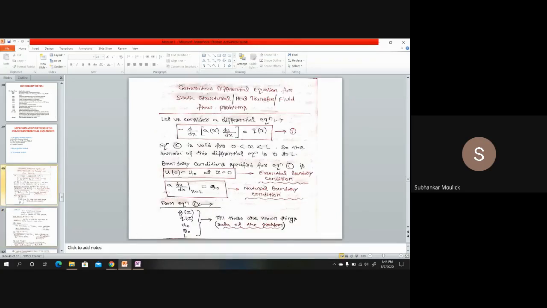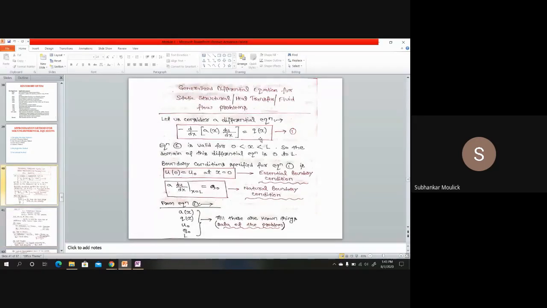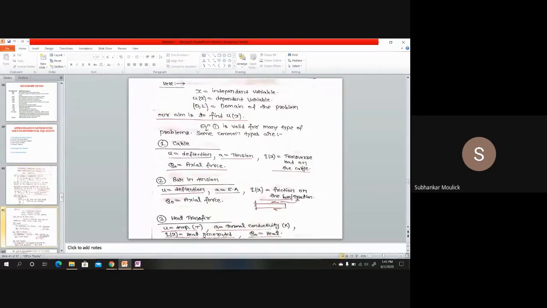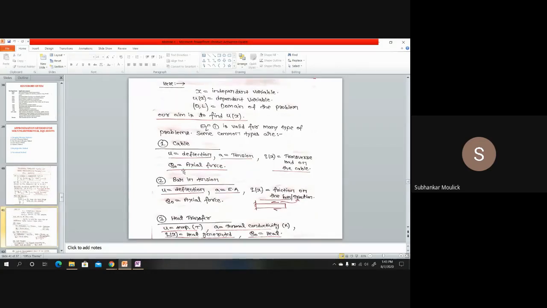A in the question will be nothing but tension. What is the tension in the cable? Q of x will be nothing but the transverse load on the cable. If you are applying any transverse load on this cable or beam, that will be the value of this Q of x.